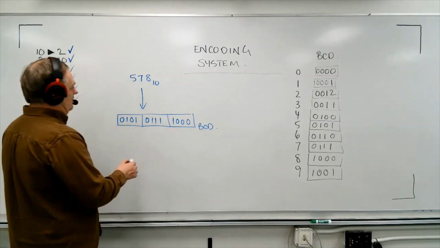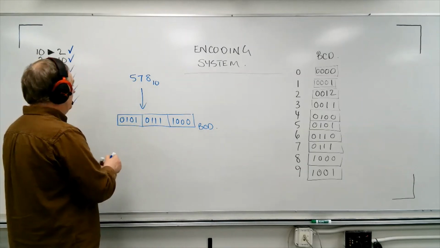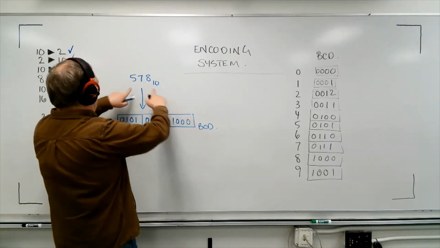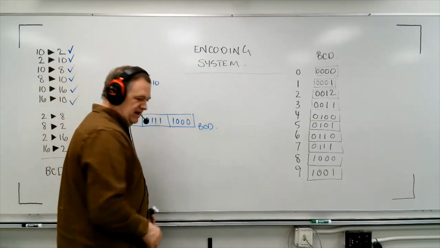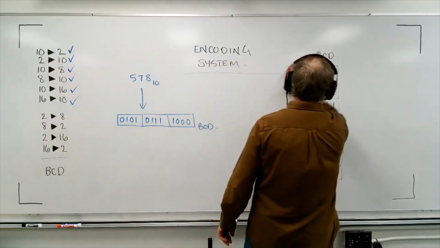And I want to show you how this would differ. This is the BCD for this number, 578. What would binary be for 578? So let me show it to you like this.